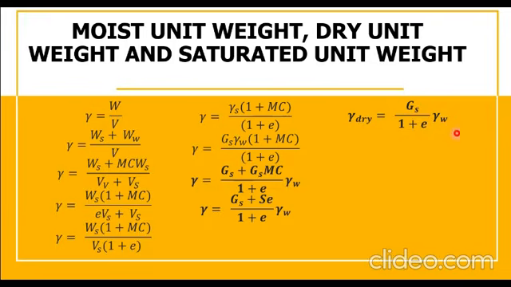Or if it's completely saturated, we know that S is equal to 1. That's why if we substitute S equals 1 here, the saturated unit weight of soil will just be equal to specific gravity plus E all over 1 plus E times unit weight of water.